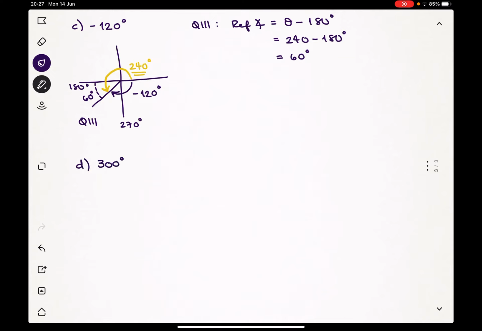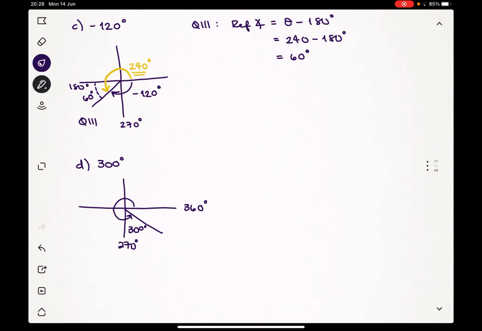So 300 degrees is in quadrant 4. It's somewhere over here. So we have 300 degrees. I have 270. And I have 360, right? Which is the complete cycle.